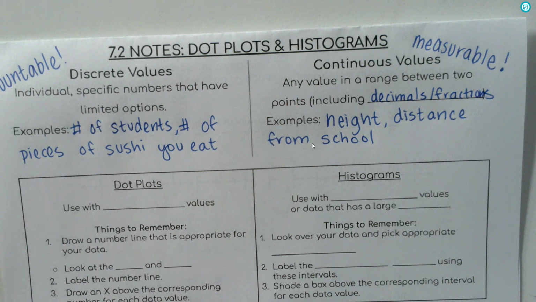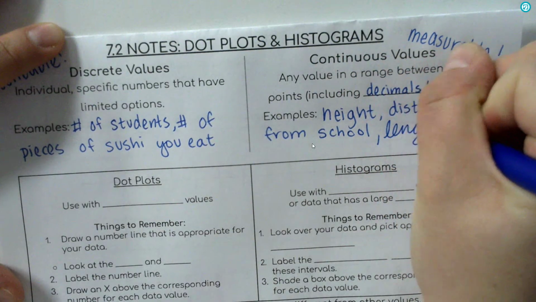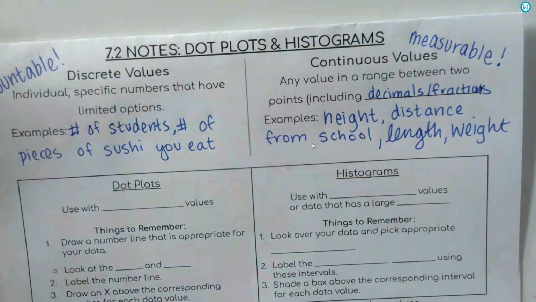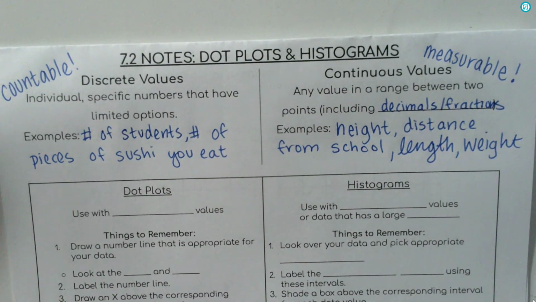How far your seminar is from your class? The length of something, weight. So length, weight, distance, height, all of those things that we have units to measure, those are the types of things that are continuous values. They're going to be measurable because some of you might live 0.037 miles away from school, and some of you might live 7 miles away from school, and those would all be distances you would measure.